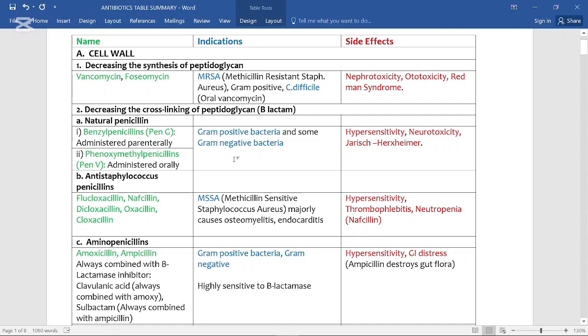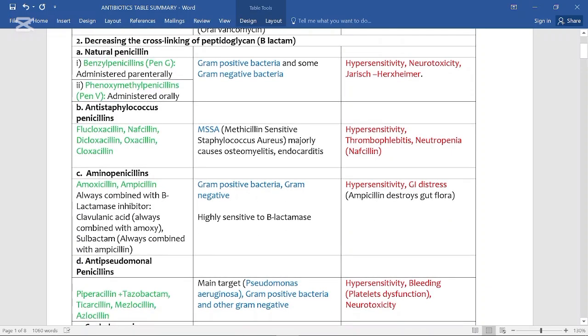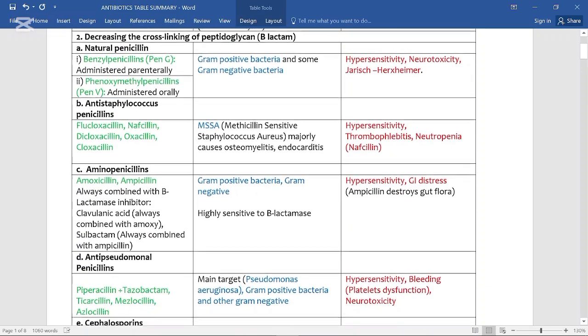And we looked at some of the side effects when using penicillin. We looked also at the anti-staphylococcal penicillins, the likes of flucloxacillin, nafcillin, dicloxacillin, oxacillin, and cloxacillin. We looked at the aminopenicillins, amoxicillin and ampicillin.